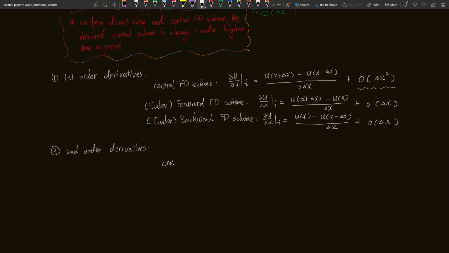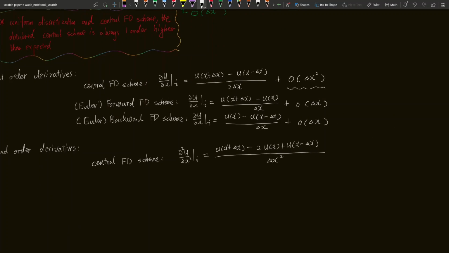we have the central scheme as: the second order derivative at point i equals u(x plus delta x) minus 2 times u(x) plus u(x minus delta x) over delta x squared plus the error term.